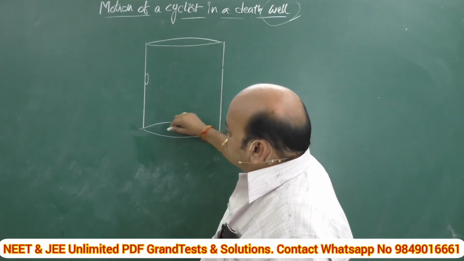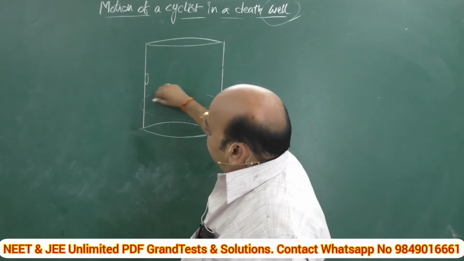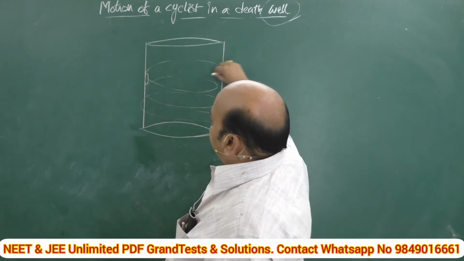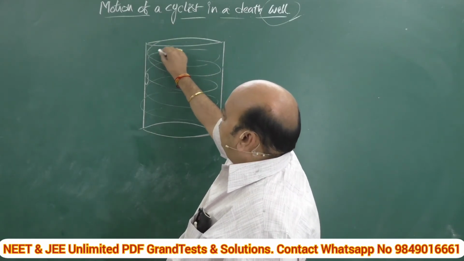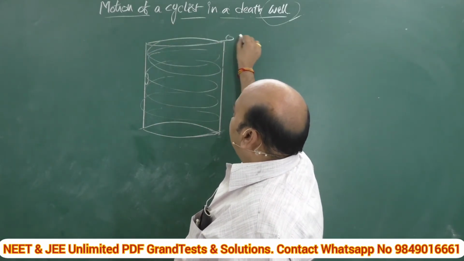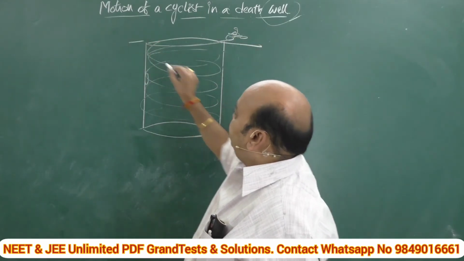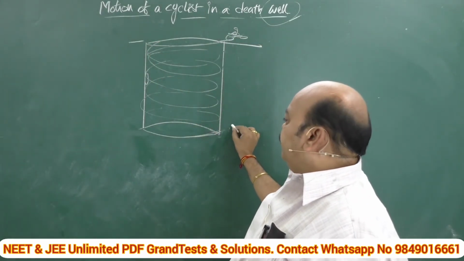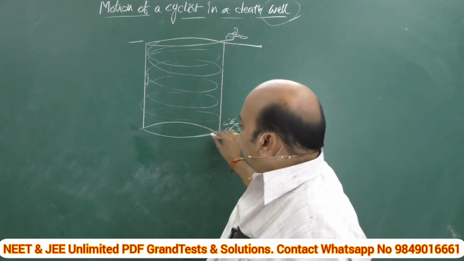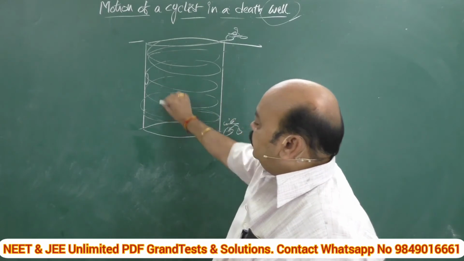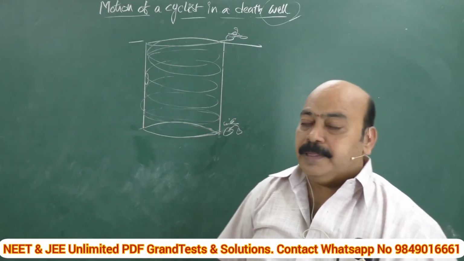He starts moving from one end, taking a spiral path like this. Gradually he increases his speed, finally climbs up and reaches this bank. This is called the death well. Starting from this point, he gradually climbs up, maintains a certain speed technically, and comes out.